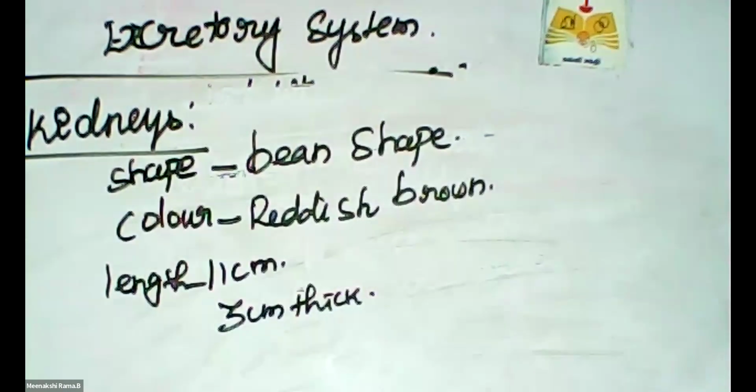The kidney is covered by layers of fibrous tissue, that is the renal capsule, then the adipose capsule, and the fibrous membrane also.